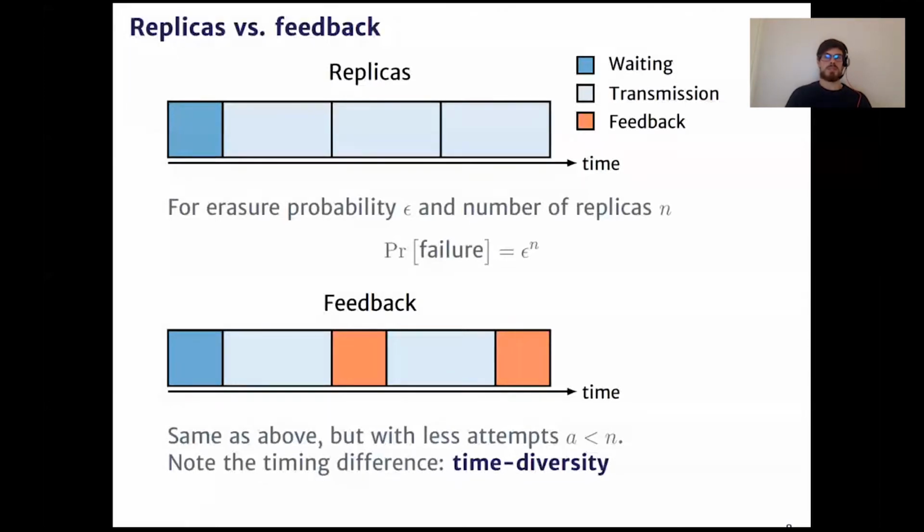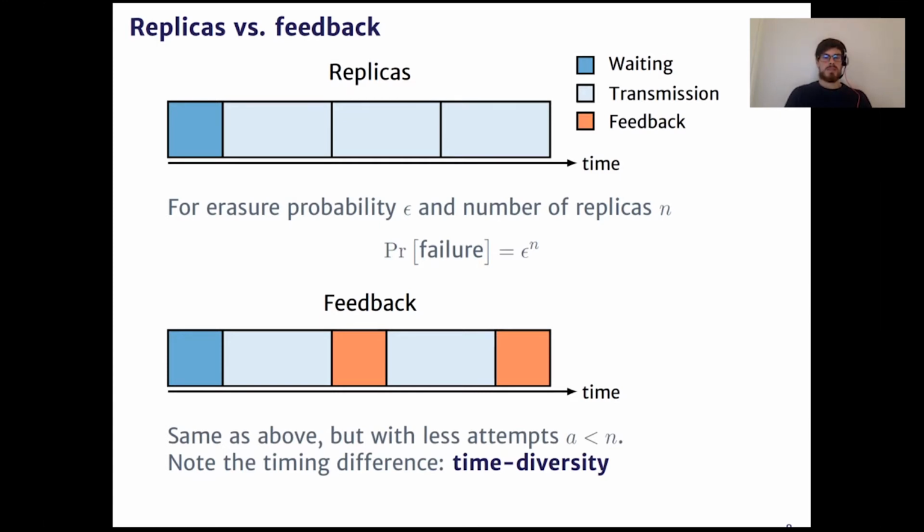So we have the transmission time 3 times in our timeline, and for an erasure probability epsilon, and a number of replicas n that we would fix beforehand, we can have a probability of failure equal to epsilon to the power of n. Again, this is if you know the parameters. But for example, we can play with some upper bounds for epsilon, right? Saying that your system usually has an epsilon of 0.1 or less would be a good guess for starters.